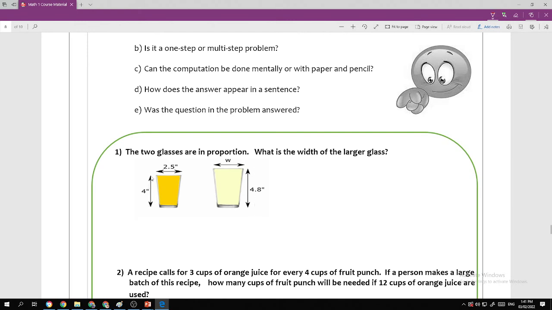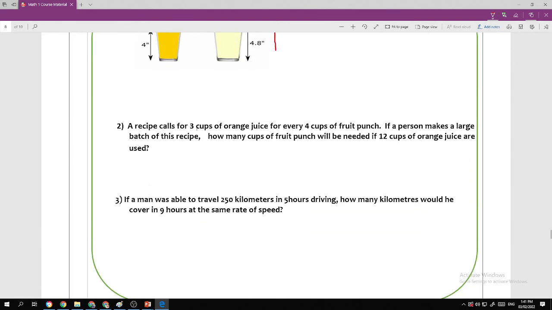If the other side also starts with horizontal, then it is horizontal over vertical, horizontal over vertical. Is number 1 clear? Yes. Okay. Let's go to number 2. So you have here 2 cups orange, 4 cups fruit punch. Take note, orange comes first, then fruit punch follows. So on my other side, orange comes first, then the unknown fruit punch follows. Is that clear?